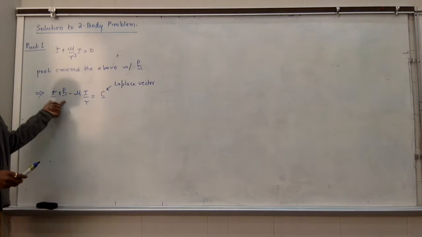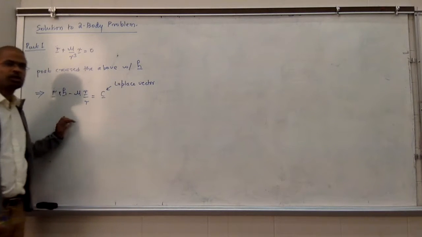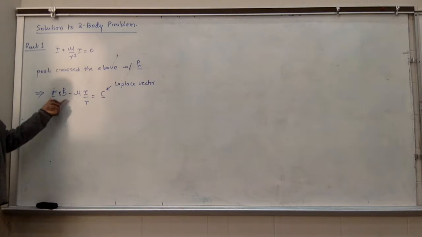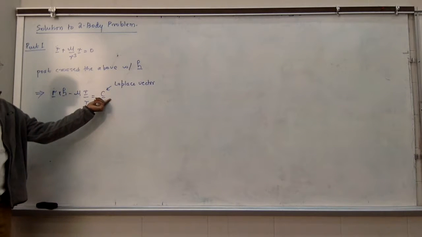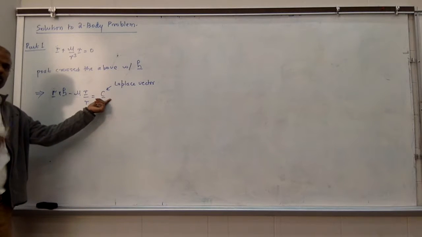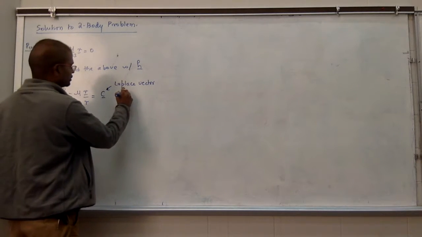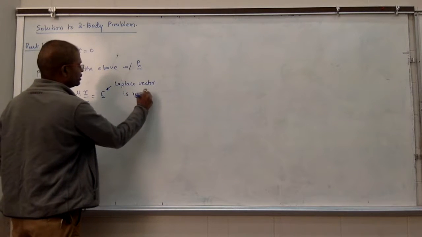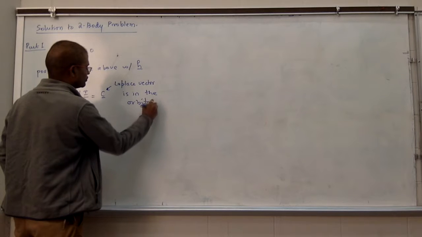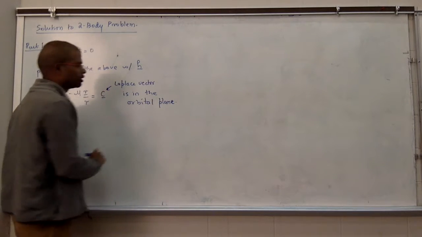And if you take the dot of that with this H, that will be 0. What it means is this vector C, the Laplace vector, is in the orbital plane.